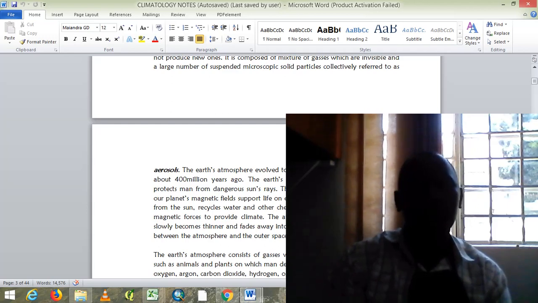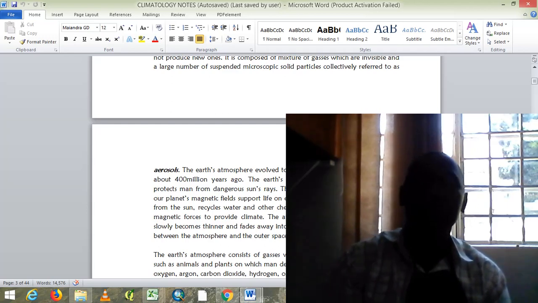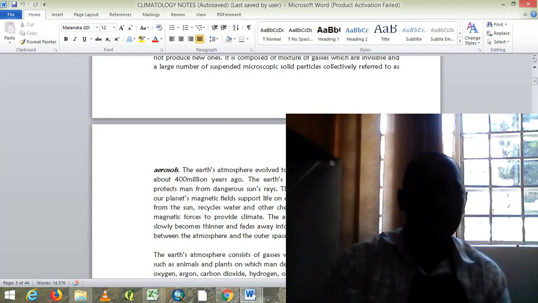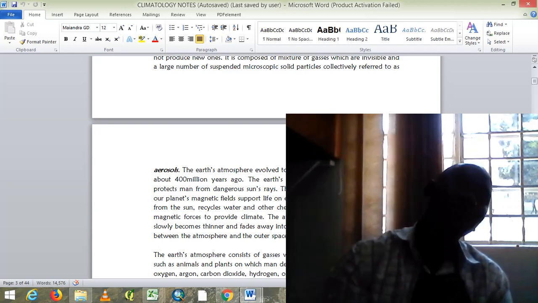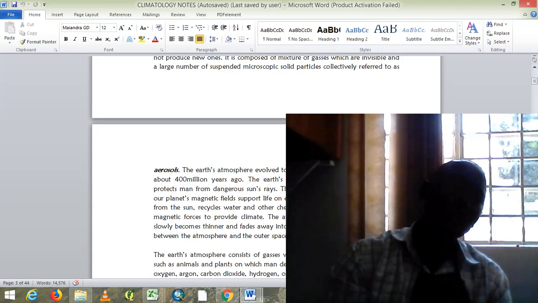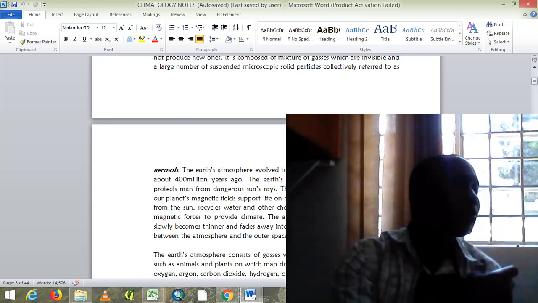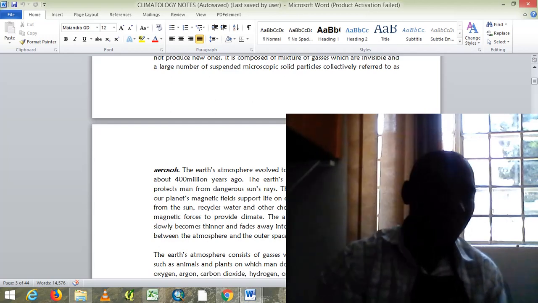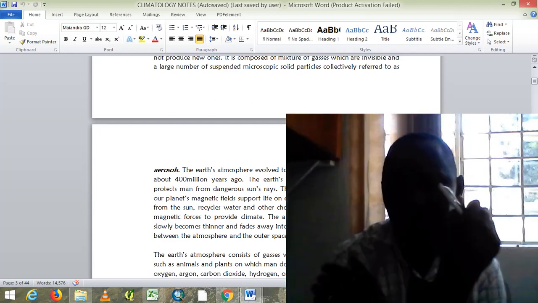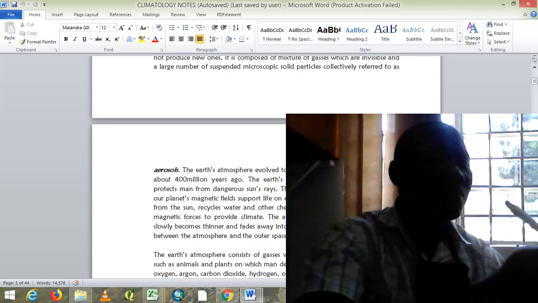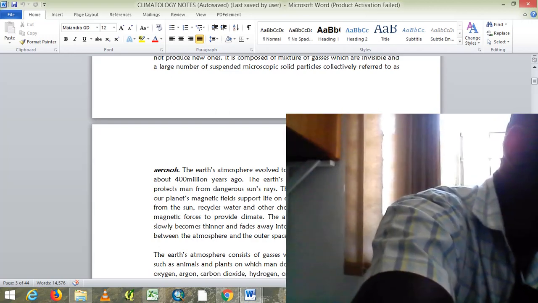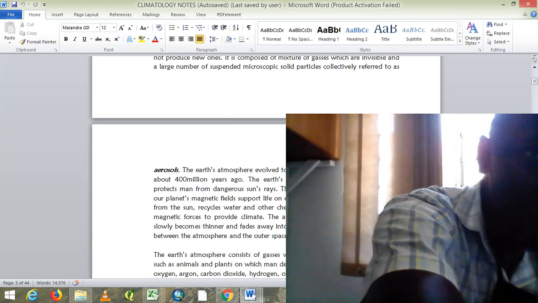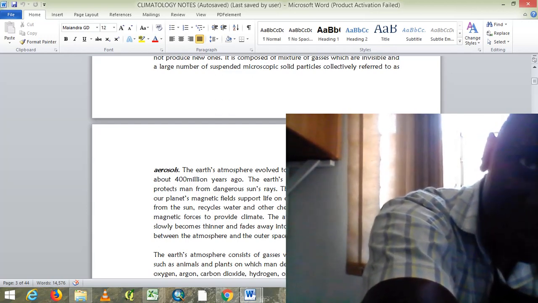We also take note that the atmosphere has no abrupt cutoffs, but it slowly becomes thinner and fades away into space. This is what comes in when we talk about the concept of a region in geography. We don't have that abrupt change, that as I am moving like this, then abruptly the atmosphere has stopped. No, it does not happen like that.